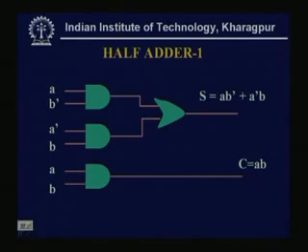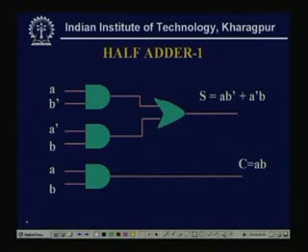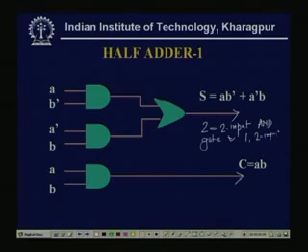So my S is A B dash and A dash B, and they are ORed, and so this is my S, and carry is simple, C equal to A B. So in this, just to generate the sum, there are two 2 input AND gates and 1 2 input OR gate.